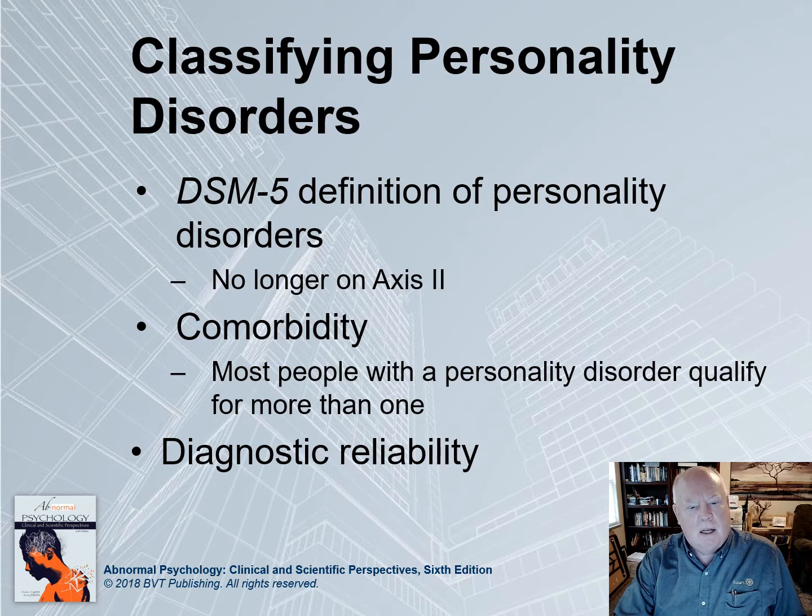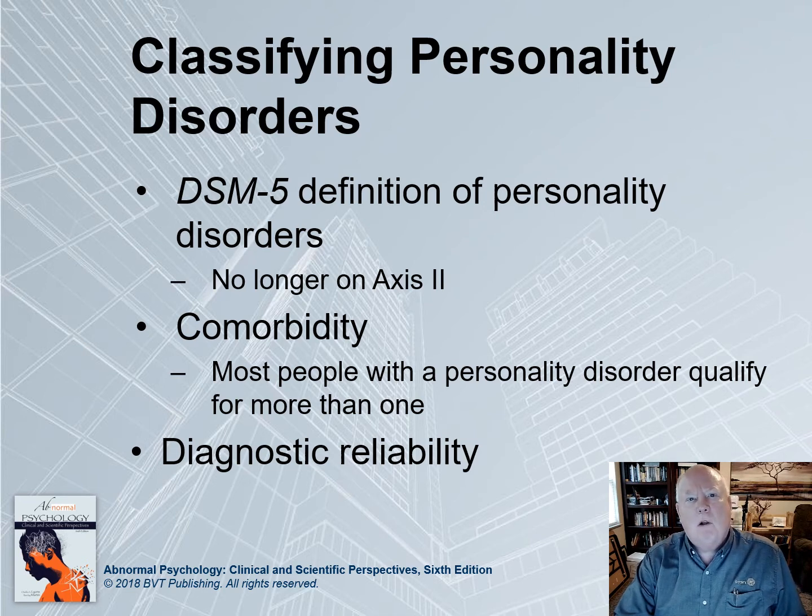A second issue, very important, is that there's an enormous amount of overlap among the 10 personality disorders. If you qualify for a personality disorder diagnosis, on average, you will qualify for 3 personality disorders. Now, sometimes there are people that only qualify for 1.